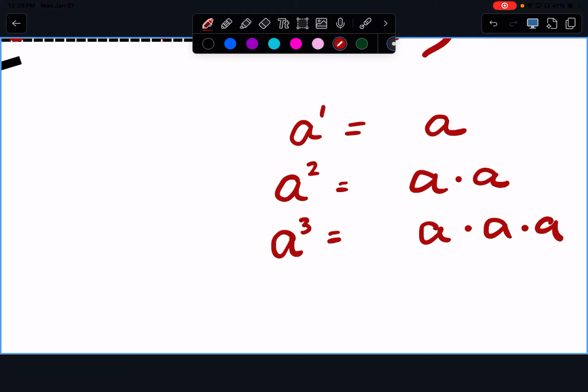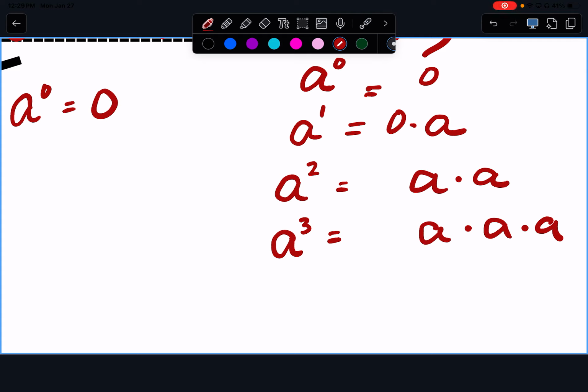So each time we multiply another a to the front of that. So what is the only number I could put there that would keep that trend going? That when you multiply a times it becomes the next one? Nothing. Not nothing, because what would happen if we said a to the 0 equals 0? And then I try to put 0 times 0.